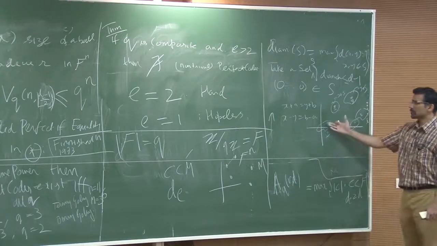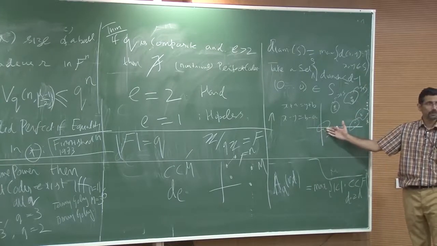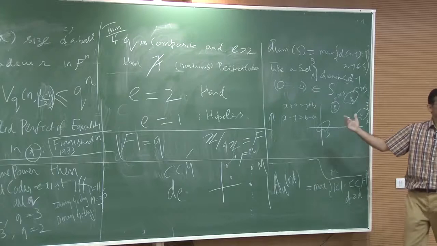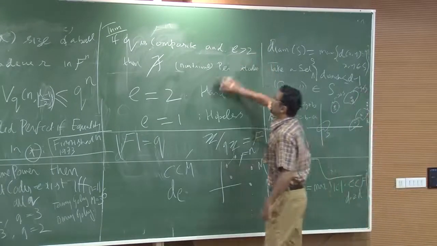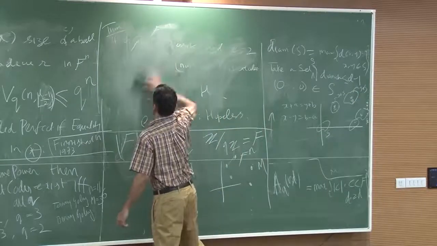For example, this could have been a ball of radius (d minus 1) over 2. That would be a set of diameter d minus 1. But I don't want to go back to the ball. So here is what I'm taking.